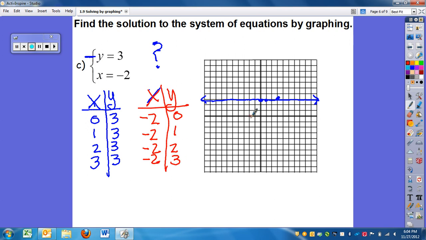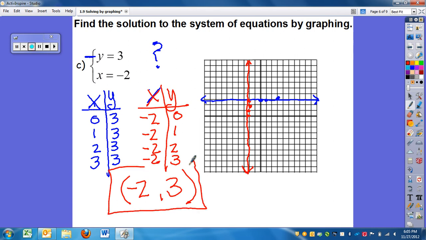So I have -2, 0, -2, 1, -2, 2, and -2, 3. Then I'm going to graph. Well, my point of intersection is at -2, 3.